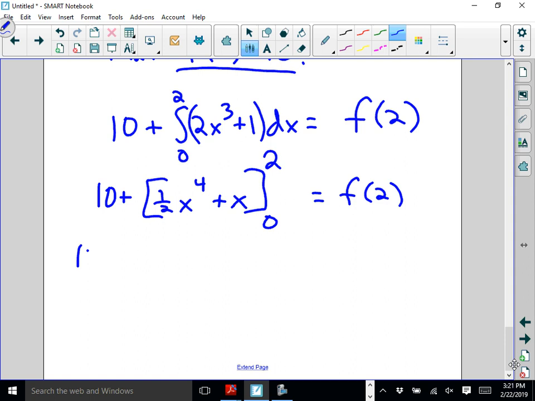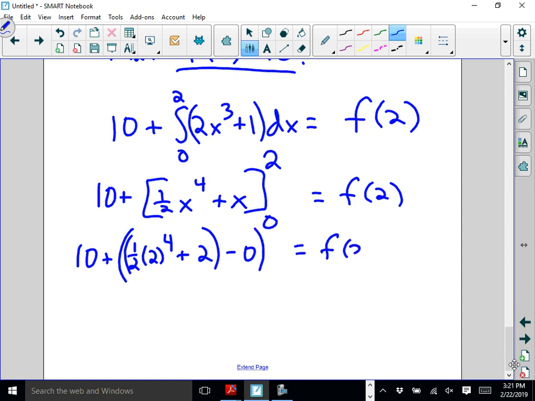Now I'm going to plug in 2, and I'm going to plug in 0, which is really nice here because it's 0. That's going to equal f of 2. 2 to the fourth is 16. 16 divided by 2 is 8. So I got 10 plus 8 plus 2. 8 plus 2 is 10. 10 plus 10 is 20. And I know that f of 2 is 20.